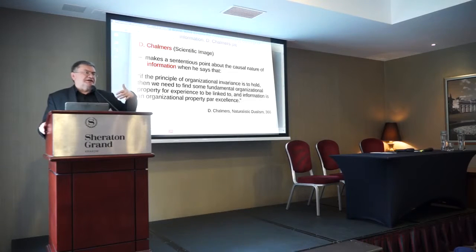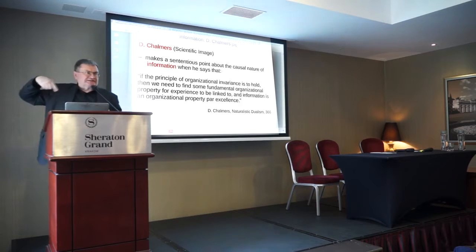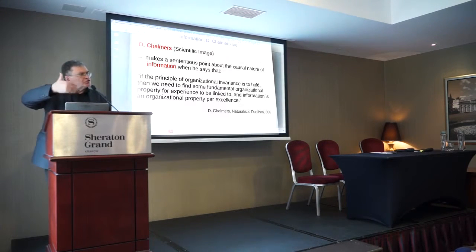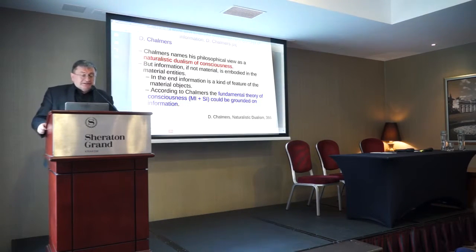So he sees information, where of course every time we should make a good definition of information. I would say we could do this perhaps with Shannon, and take it as syntactical, semantical, and pragmatical information. Pragmatical information is the information where we also put the context on all of this. It's very difficult to operationalize this pragmatical kind of information, but it is what we are speaking about here. Chalmers names his philosophical view a naturalistic dualism of consciousness.